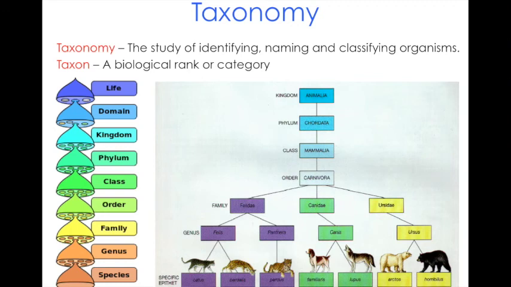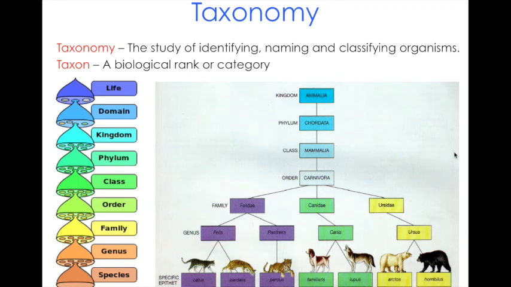It's how we arrange organisms, and it comes from the word taxon, meaning a biological rank or category. So any grouping method that we use for organisms is a taxon, and that includes the ways in which we identify species, genus, families, and so on.